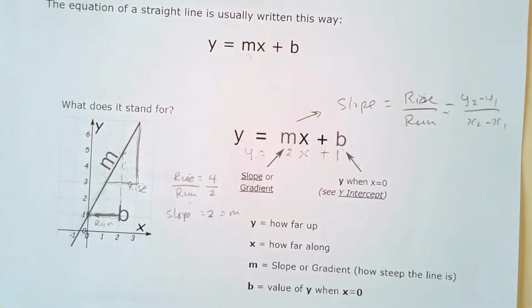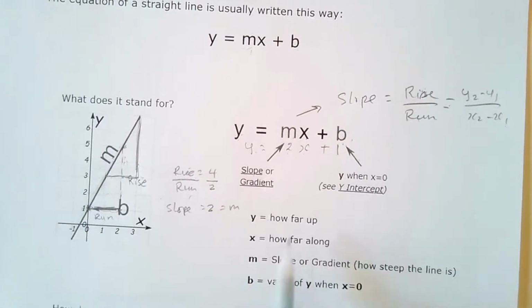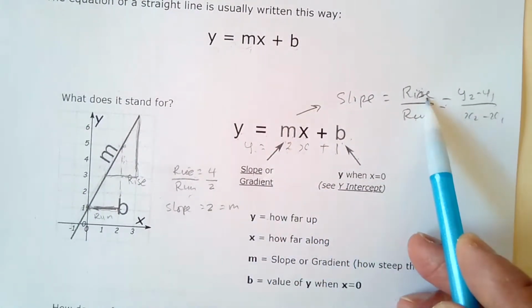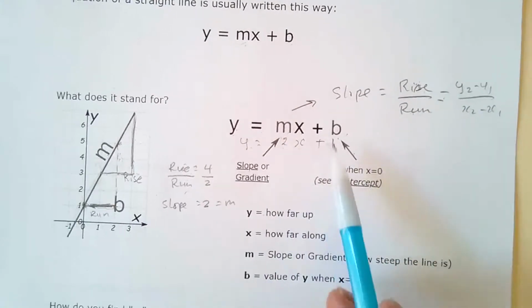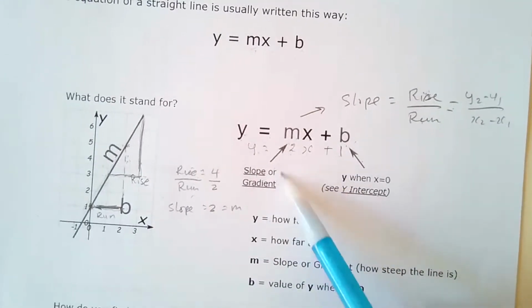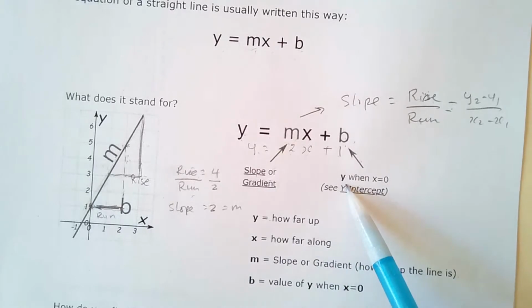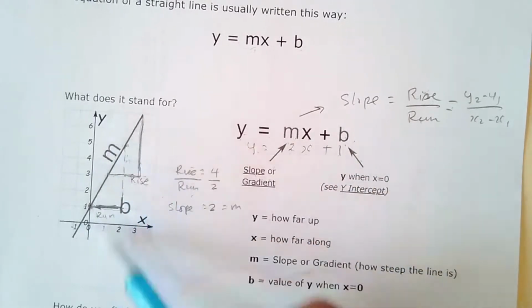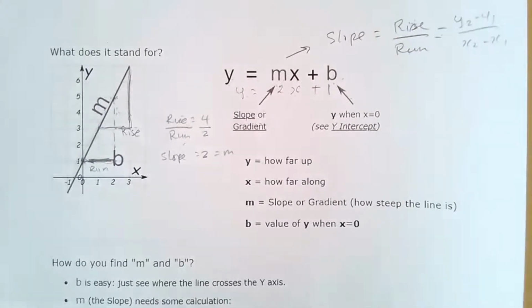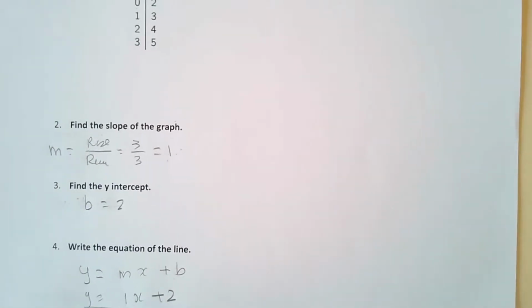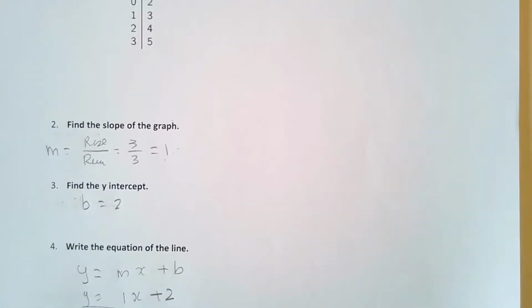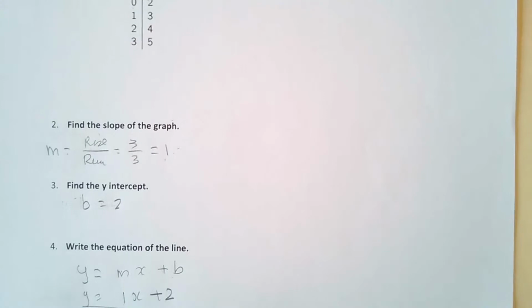Okay. So go back to our review. So m refers to how far it goes up or down, the gradient or slope. The b is how much you slide up or down. And here we look at an example: we plot the points on the graph and then derive our equation of a straight line.